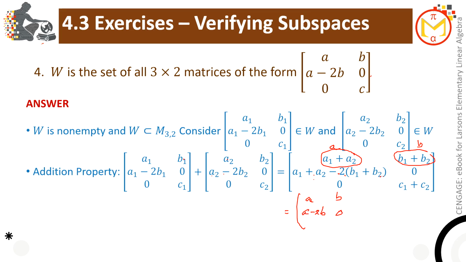This is 0, 0, and this is C. Wherein we say that A is A sub 1 plus A sub 2, B is B sub 1 plus B sub 2, and C is C sub 1 plus C sub 2. So you see it has the same form.